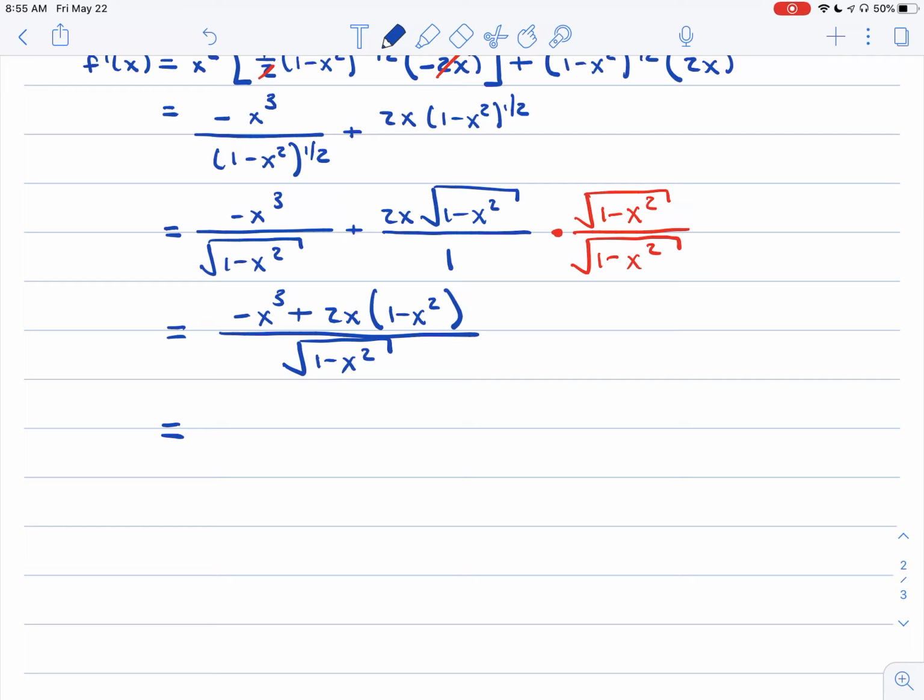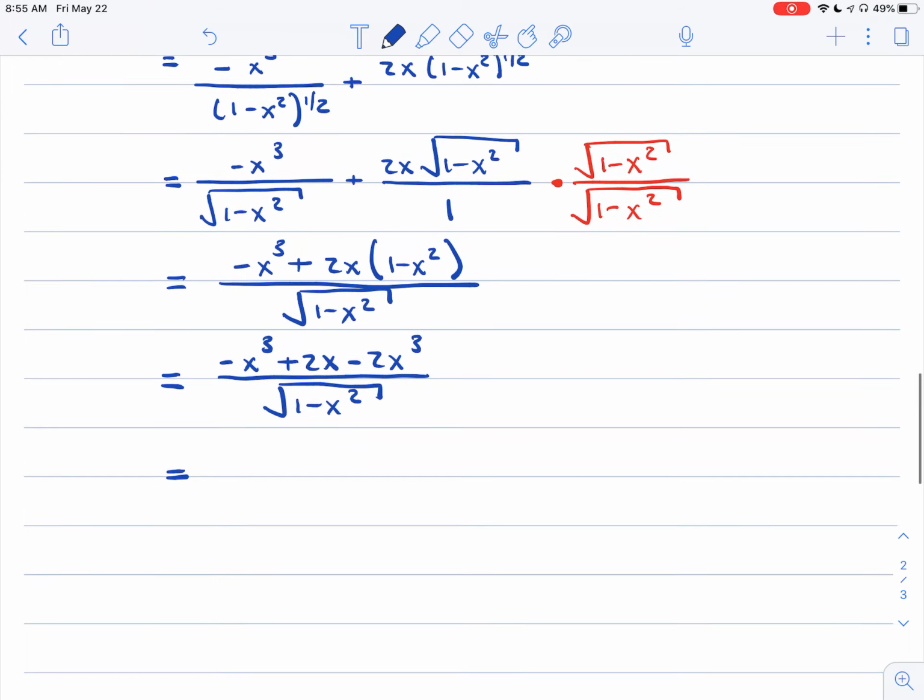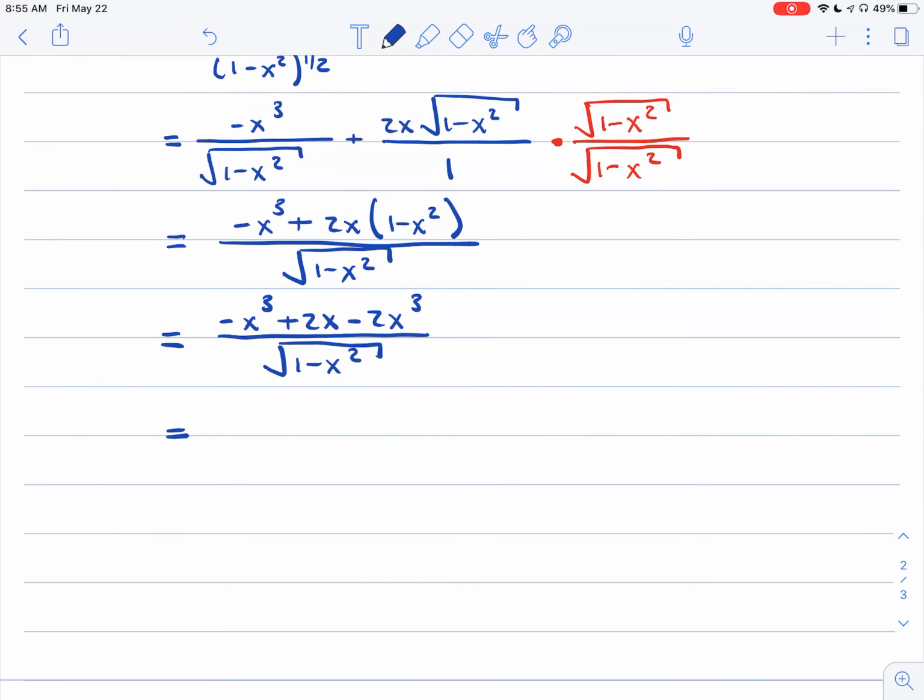So now just in our numerator, we can distribute that 2x in. We have negative x cubed plus 2x minus 2x cubed, still all over square root of 1 minus x squared. And then lastly, just combining like terms. So negative 3x cubed plus 2x divided by the square root of 1 minus x squared. And that is our final answer.